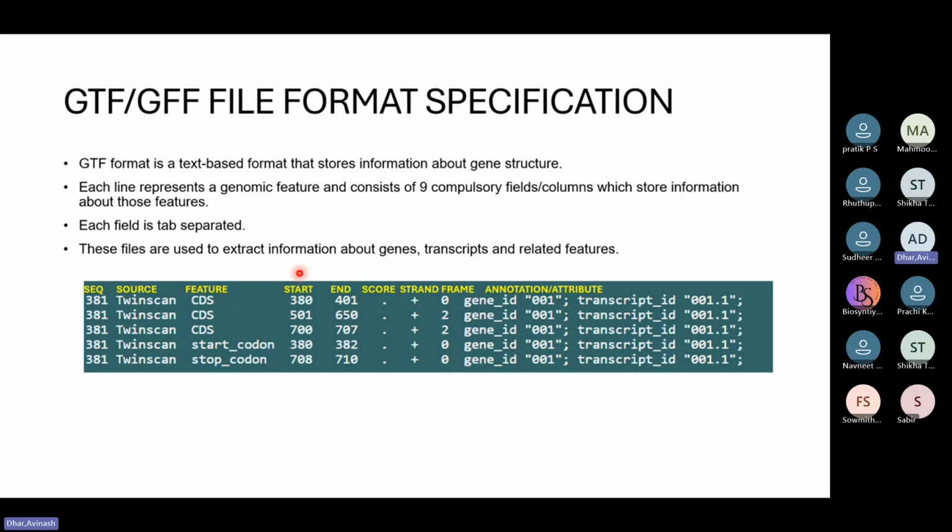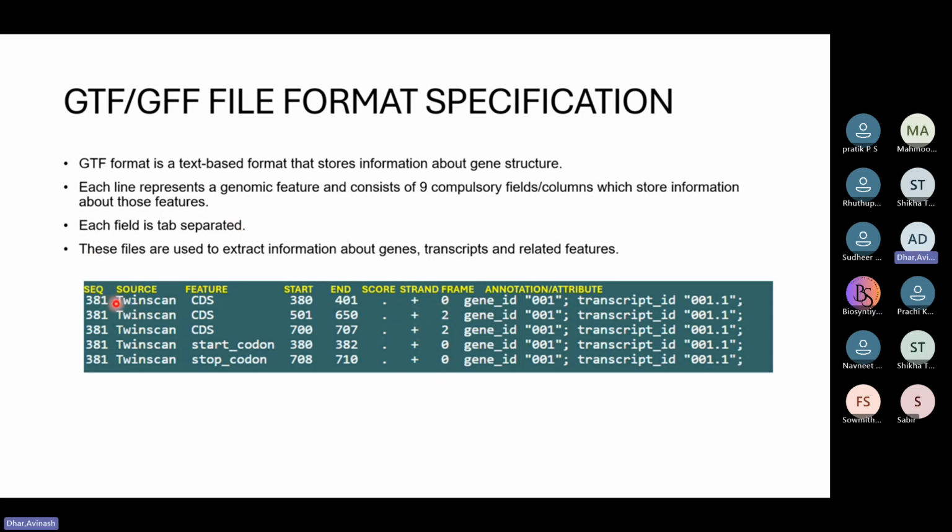Again, all the file formats that we have talked about till now are all text based. This is a snippet of how a GTF file would look like. There are 9 lines or columns in a GTF file.